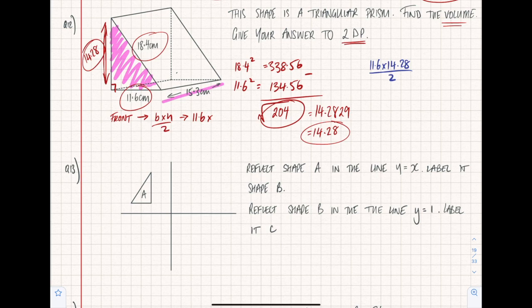So when I then do that, 11.6 times 14.28 divided by 2 gives me 82.824. That's the area of the front.